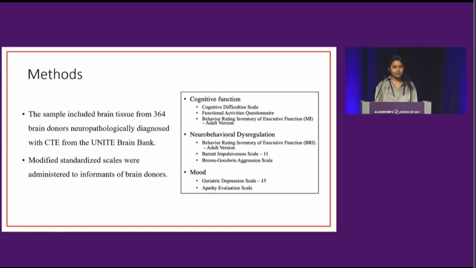We also assess neurobehavioral dysregulation by using the brief behavioral regulation index, the Barratt impulsiveness scale, and the Brown-Goodwin aggression scale. We also assess some symptoms like depression and apathy by using the geriatric depression scale and apathy evaluation scale.